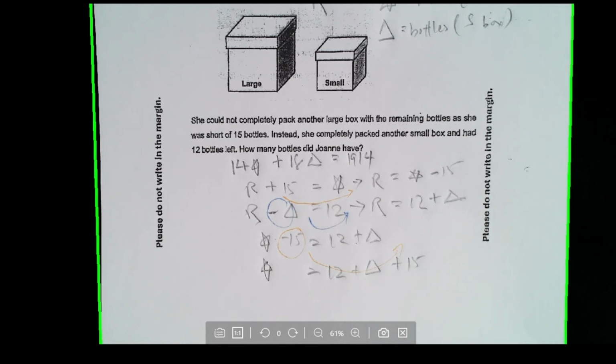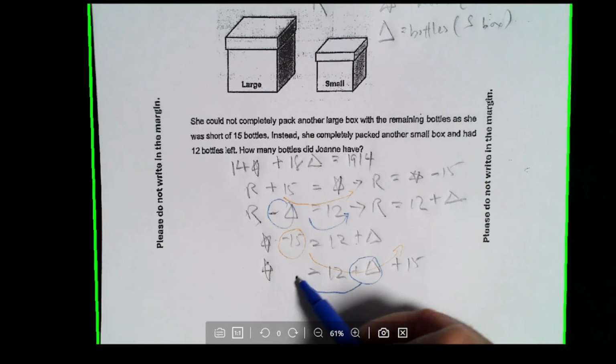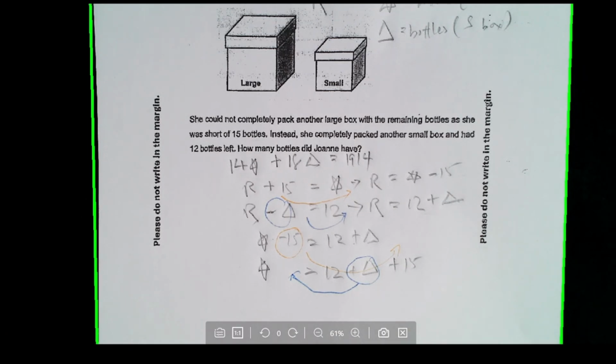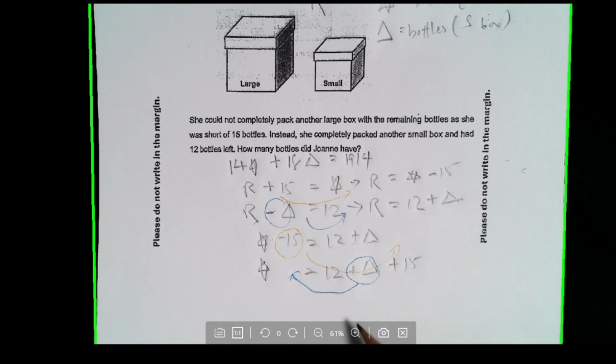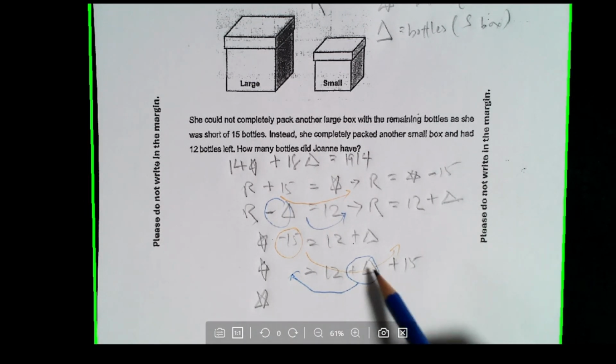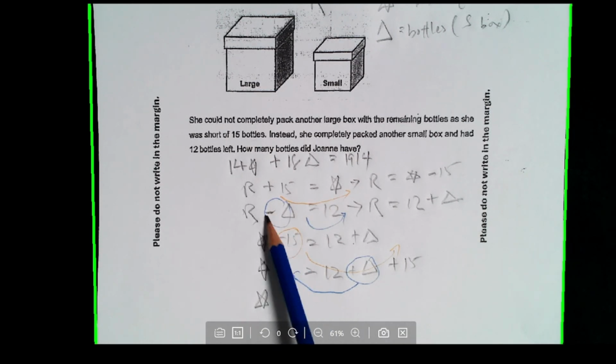Now, next step. All the shapes, this one is going to jump over here. I want to keep all the shapes on one side, all the numbers on the other side. I want to make it simpler. Simplifying things. So this one just copy. Now, triangle is going to jump over here. You always jump with the sign in front, not the sign behind. Every time you jump, you always jump with the sign in front.